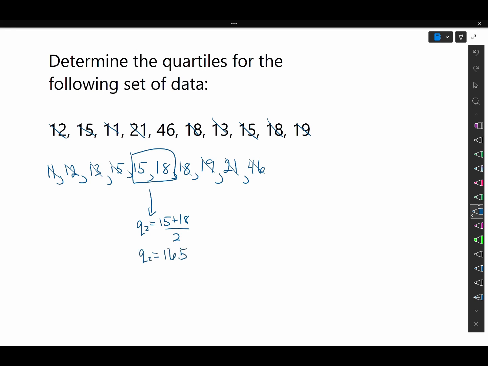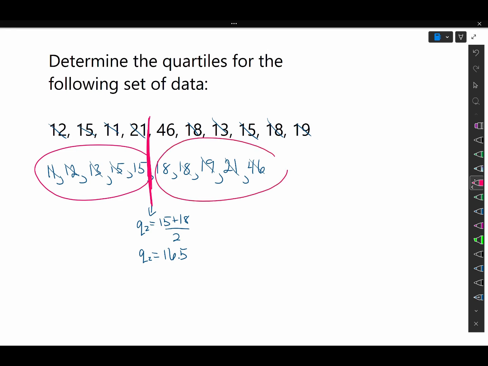That is our Q2 value. That's our median. Now this time, because we had to calculate our Q2, this Q2 that's separating our data set really falls right here. So when we're calculating our Q1 and Q3, we're going to use all the data that's beneath this for Q1, and all the data that's above it for Q3, which means that because we had an even number of data points in total, that's why we ended up with two values for Q2.